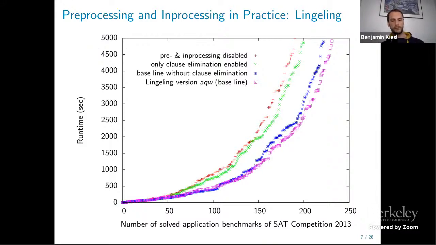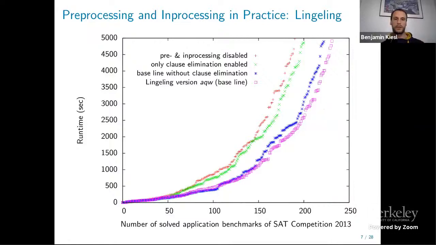But still, we use preprocessing, and this cactus plot, as it's called, shows that it can make sense to use preprocessing. On the y-axis, you see the runtime of the solver Lingeling by Armin Biere on the SAT competition instances of 2013. And on the x-axis, you see the number of solved benchmarks. So what that means is the further right a curve is, the more efficient you could say the solver was.